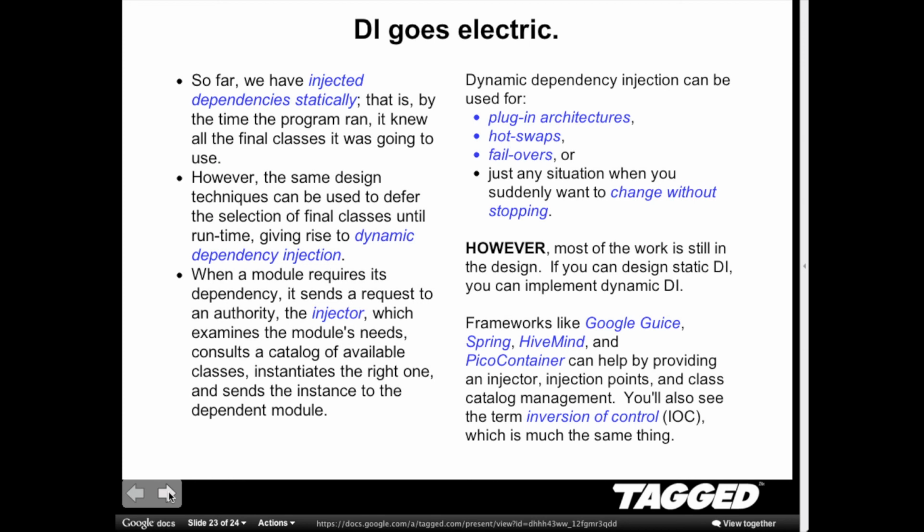Once we are well isolated, we can choose to dynamically defer the decision about the final class until runtime. So this allows us to use an injector, a container, change out implementations, make rolling changes to the servers. When we do an upgrade, we can let old classes live out their usefulness and replace them with instances of new classes over time. You can do hot swaps and failovers and plugin architectures and all kinds of goodies.